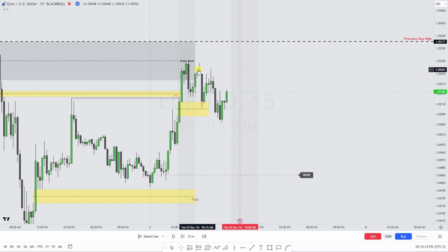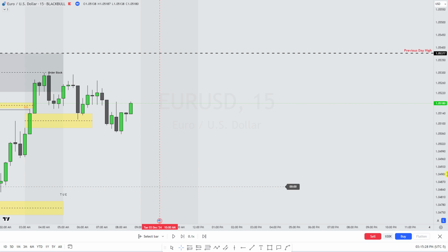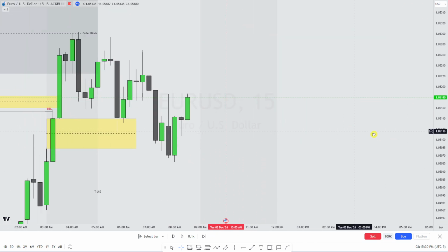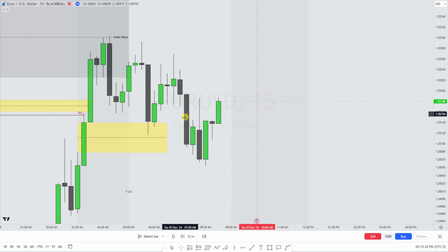So as you can see here, we did enter into this imbalance and retraced, filled this imbalance, broke down again, right, leaving this imbalance, filled it right over there. This is the imbalance I was talking about. So we broke again to the downside, leaving this imbalance which was filled, and then after that we enter into this order block over here.